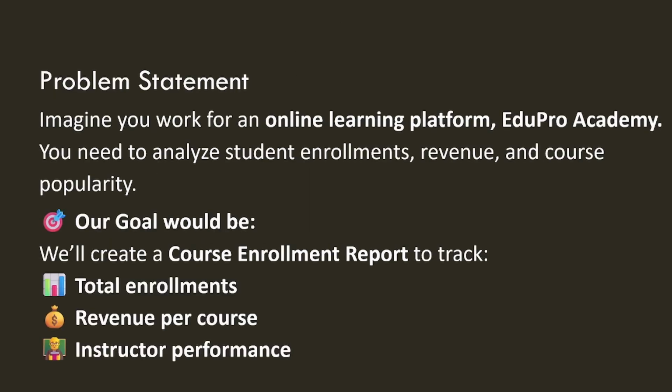Before proceeding ahead in the video, let's take a problem statement with which we will proceed. Imagine you work for an online learning platform, EduPro Academy. You need to analyze student enrollment, revenue, and course popularity. Our goal is to create a course enrollment report to track total enrollments, revenue per course, and instructor performance.